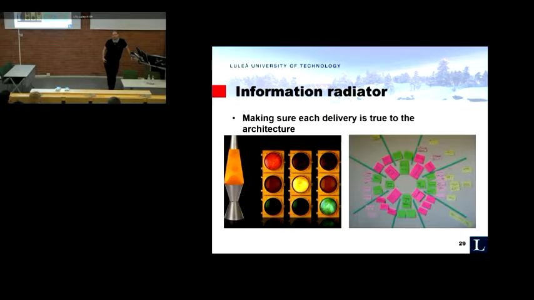However, you can also use it for, is our code still true to the architecture? As a team, if you have this view, it's easy to get a glance. And in bigger teams, you might have quality assurance and a manager, people working specifically where their only job is to maintain good quality code that is true to the architecture.